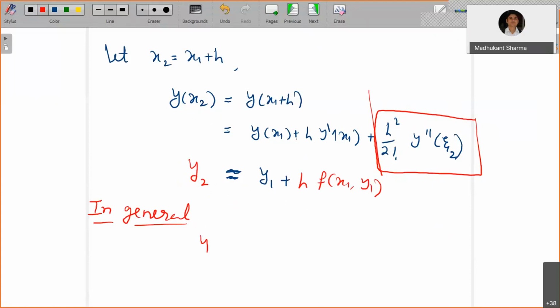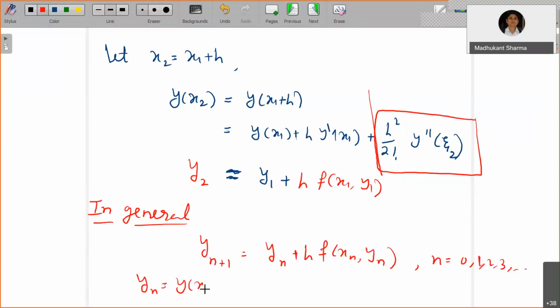So Euler's method gives you yn plus 1 equals yn plus h times f of xn comma yn, with n starting from 0, 1, 2, 3, and so on. Here h is the step, yn is y at xn, and xn is x0 plus n times h.